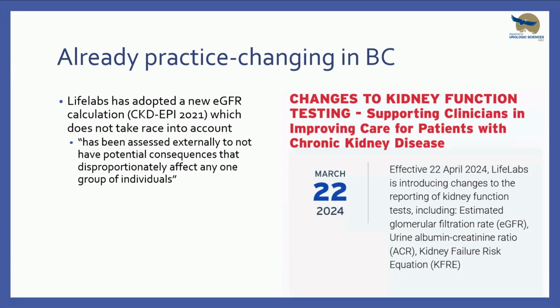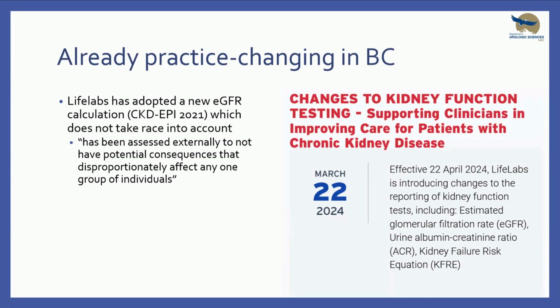And so I think it's important to note that this paper doesn't change everything. I think it still begs the question about whether or not race should be used, but it has led to some practice changes. So in BC, LifeLabs adopted a new eGFR calculation, the CKD-EPI 2021, which does not take race into account.